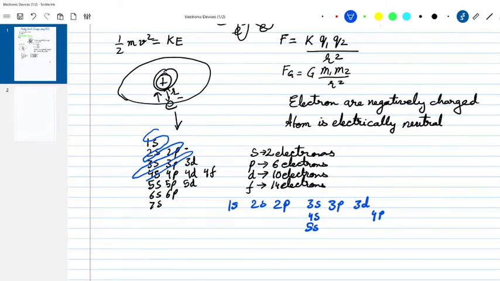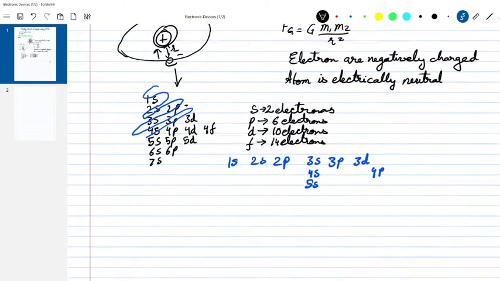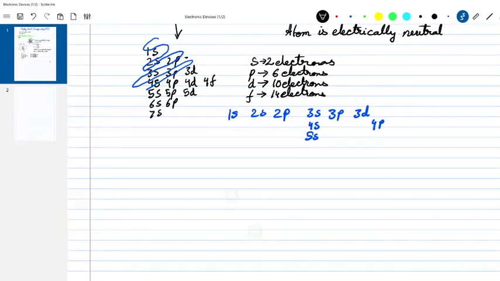Now each orbital has suborbitals. P has 3 suborbitals, d has 5 suborbitals, and f has 7 suborbitals. Each suborbital is going to fill with 2 electrons. Now, why are there 2 electrons? Because it's not just the electrical nature, it's also the magnetic nature.